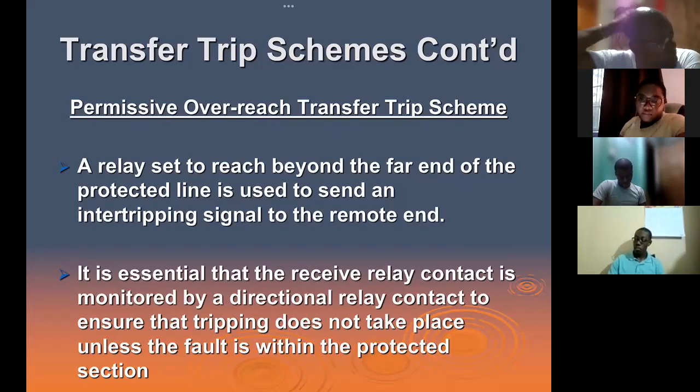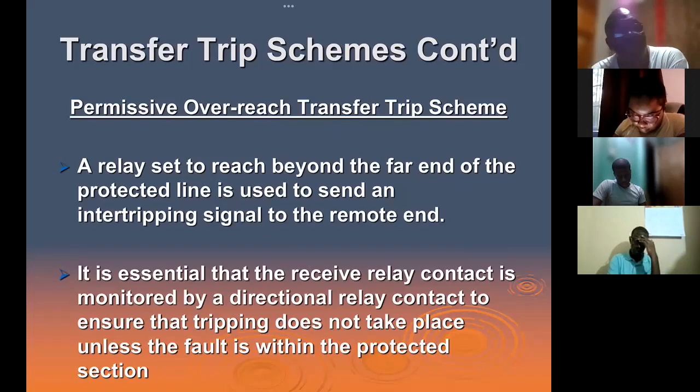So the two conditions here are that one, there's a zone 2 occurrence, and the signal is received.